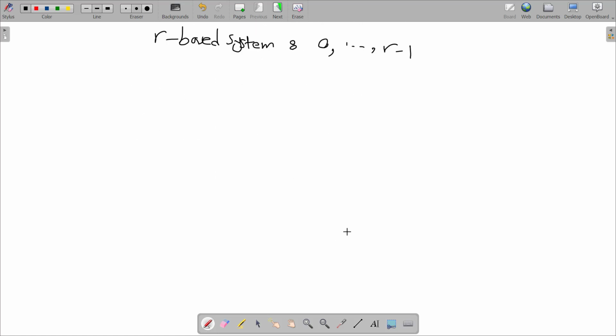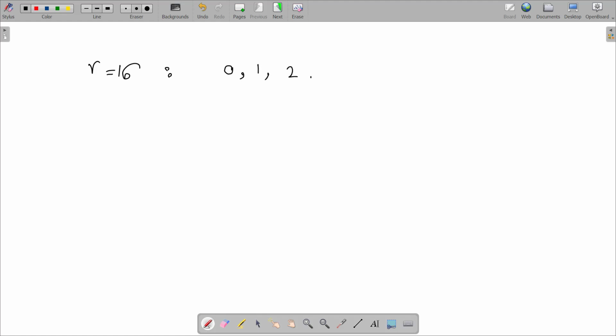So if R is equal to 16, we need 0, 1, 2, up to 9, then 10, 11, 12, 13, 14, and 15.